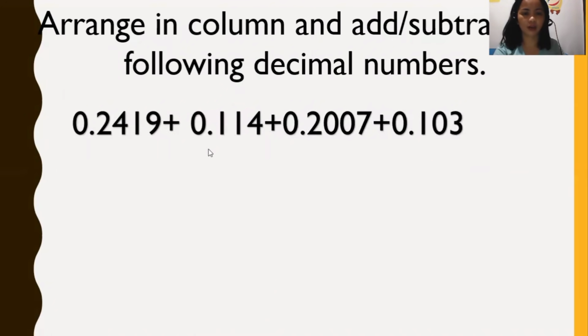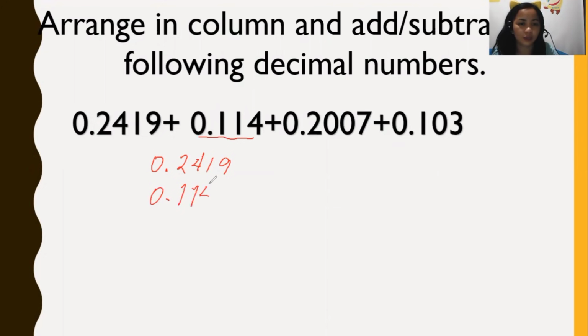So, we have here 2,419 ten thousandths. The next one is 114 thousandths.